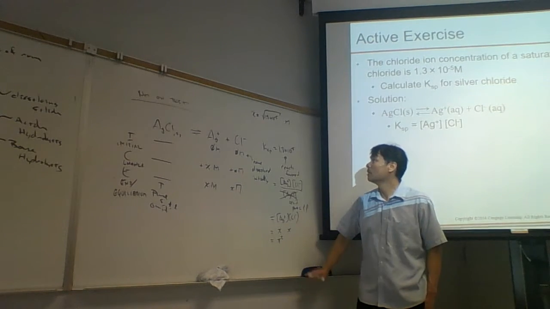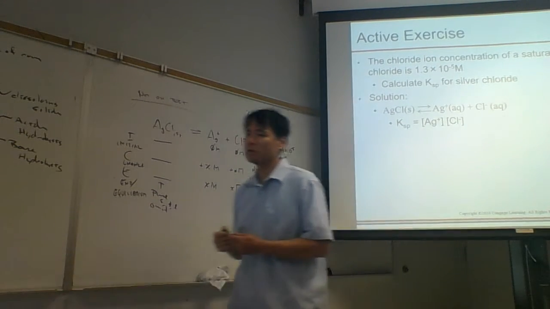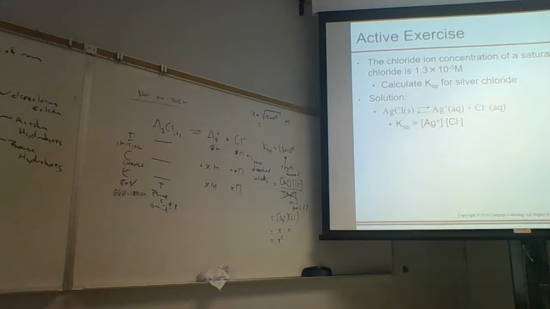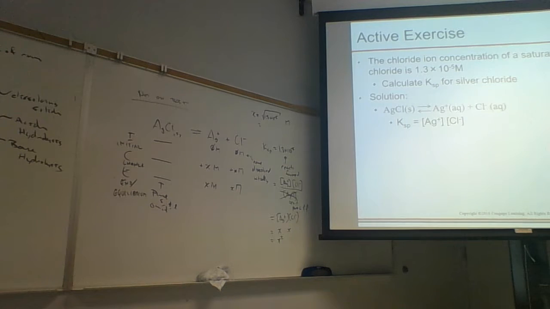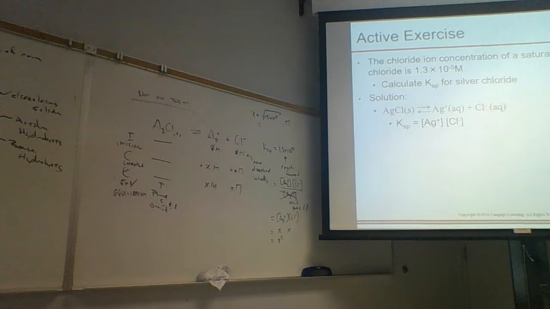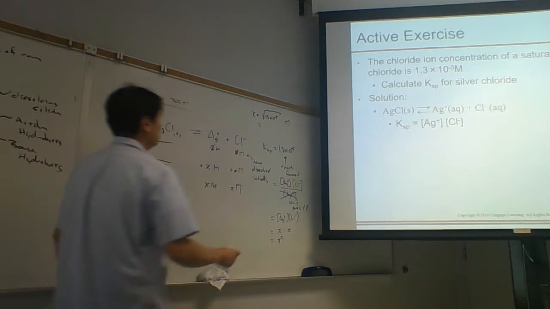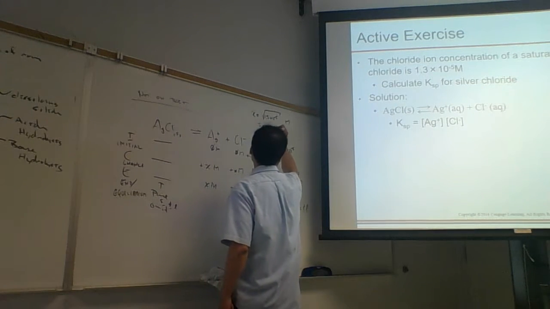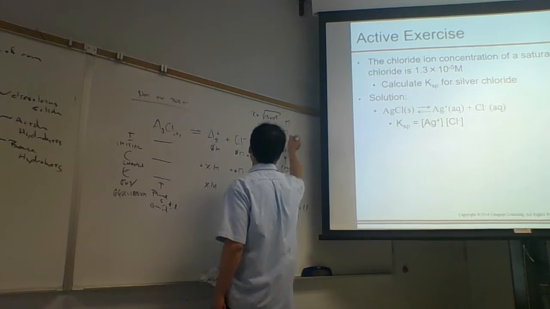Molar. And so what is the square root of 1.3 times 10 to the minus 5? 0.0036. 0.00360 molar.